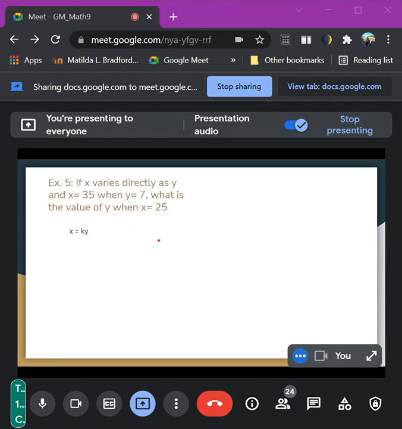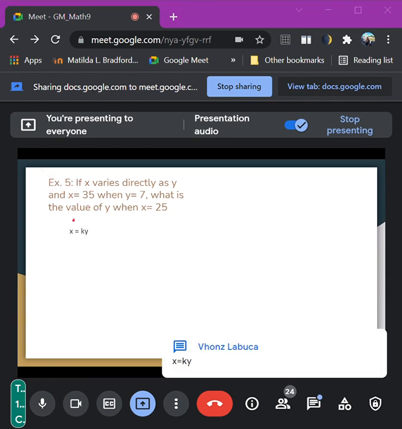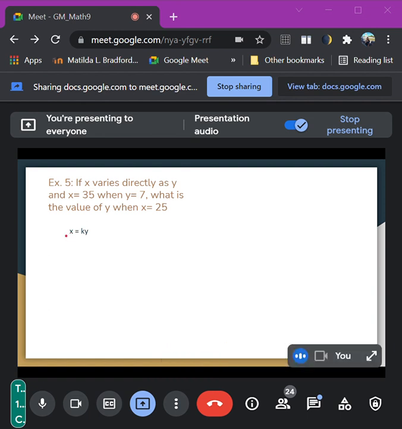Very good. So, since x comes first there, x goes on the left. It's easy to make an equation, class. Whatever comes first, you write first. Now, this time, it was given that x is equals to 35 when y is 7. So, what is the value of y if x is 25?